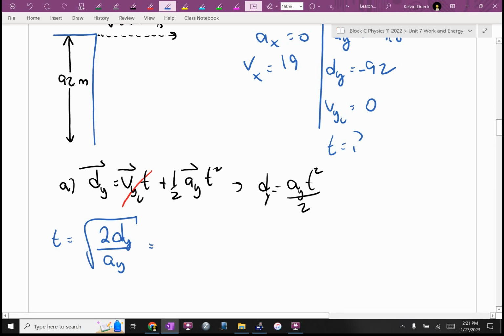Yeah, now might be a good time to reach for your calculators. It's going to be 2 times negative 92 divided by negative 9.8. Is that right?